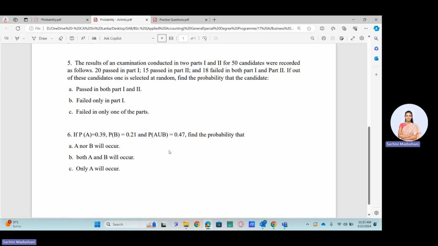Then we use the addition law of probability. Union is 0.27. Probability of A is 0.39 plus 0.21.